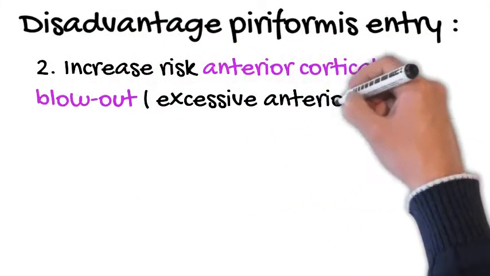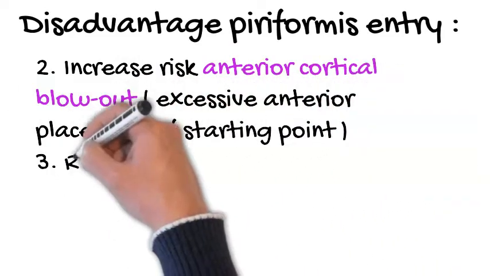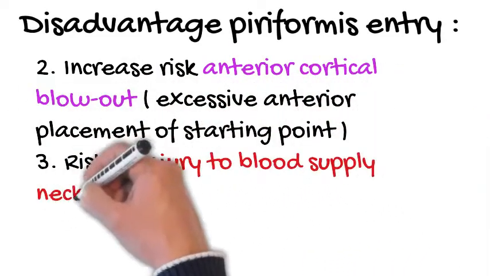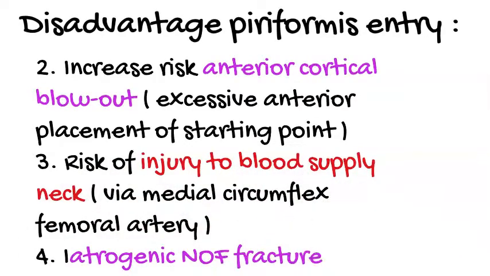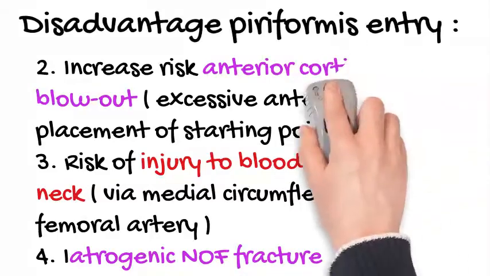There is an increase of anterior cortical blowout due to excessive anterior placement of starting point. 3. Risk of injury to the blood supply of the femoral neck via injury to the medial circumflex femoral artery, MCFA. 4. Iatrogenic neck of femur fracture.